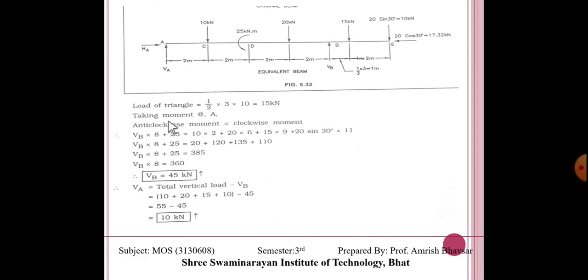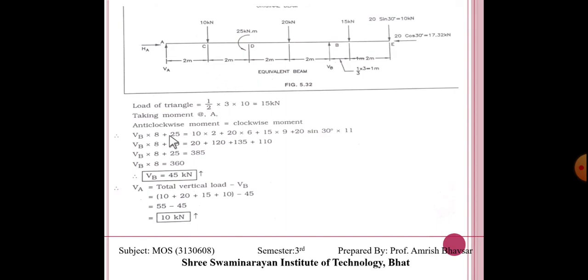Now here, taking moment at A, anticlockwise is equal to clockwise. So what we will get? VB into 8 plus 25 is equal to 10 into 2, it is clockwise, 20 into 6, it is clockwise, 15 into, sorry, 9, plus 20 sine 30, so 10 kilonewton into 11.